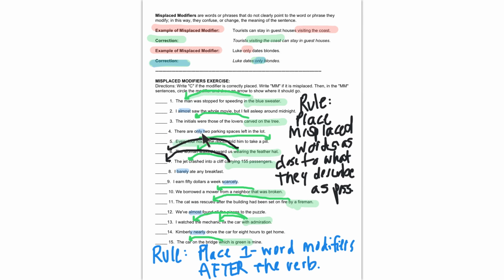If you notice that this one-word modifier only occurred after the verb, and then showed us that we had parking spaces that were left in this parking lot existing of only 2, then we would understand that there were things in the parking lot other than just parking spaces.